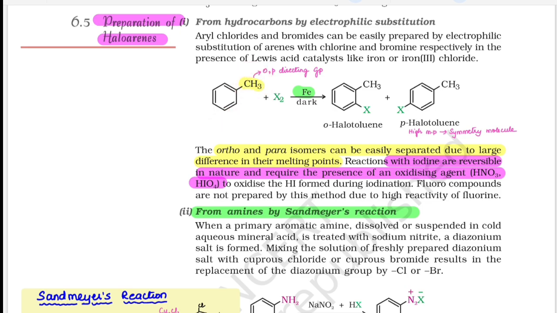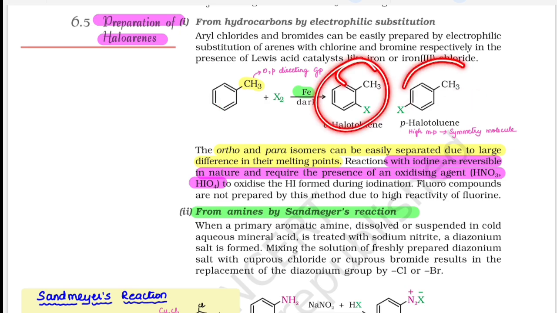When toluene is treated with chlorine or bromine in the presence of Fe, that is iron chloride, which is a Lewis acid, in dark conditions, you will get two products. The halogen will be substituted at the ortho and para positions. You know this will be the ortho position, so one product is at the ortho position, and this is the para position, where the halogen will also be substituted.